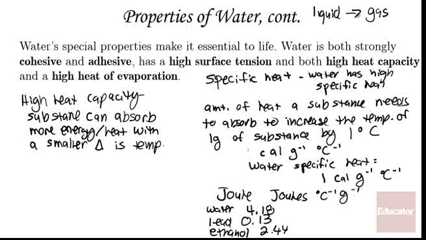And this has to do with the amount of energy it would take to convert from liquid to gas. If something has a high heat of evaporation, it's going to take more energy to get the molecules moving quickly enough in order for them to break free of their hydrogen bonds and form a gas.